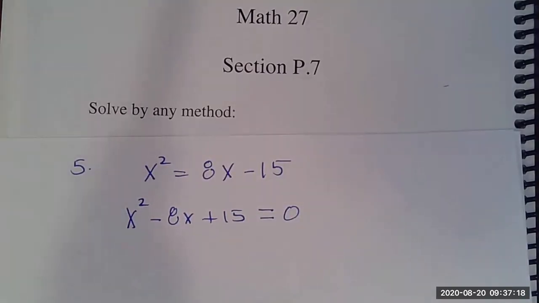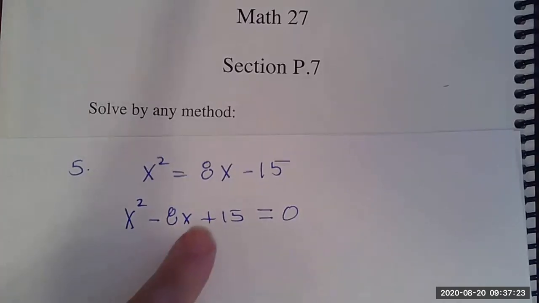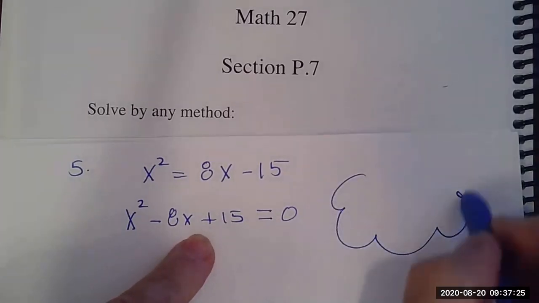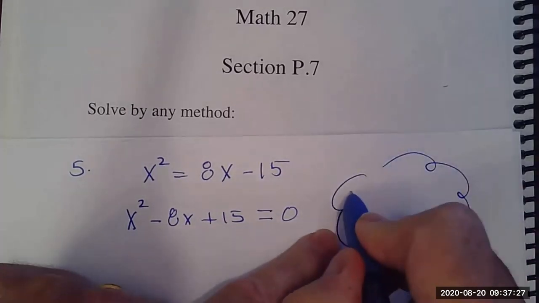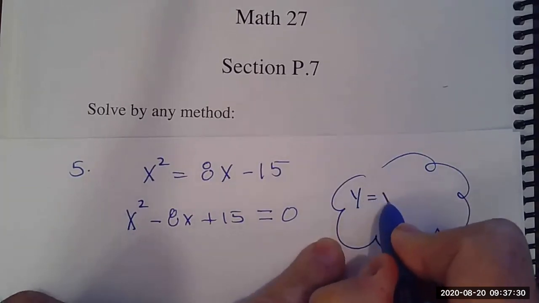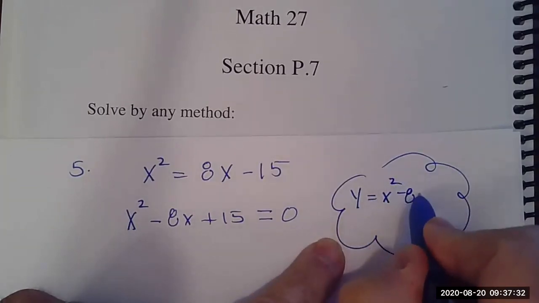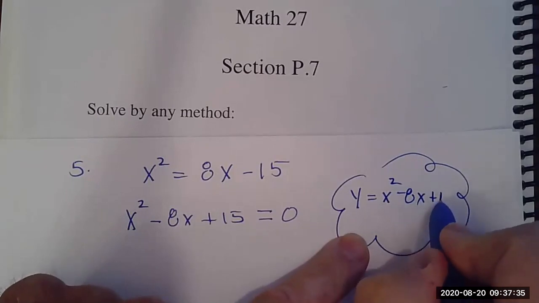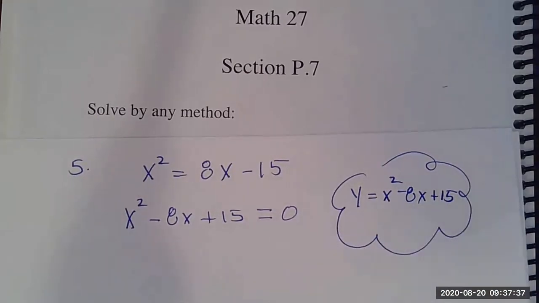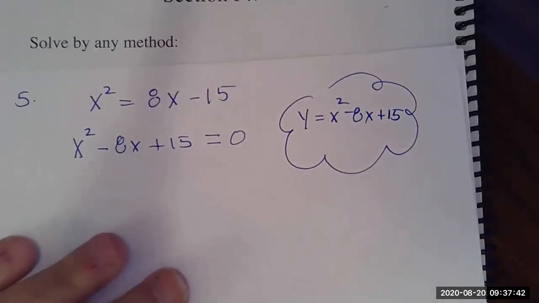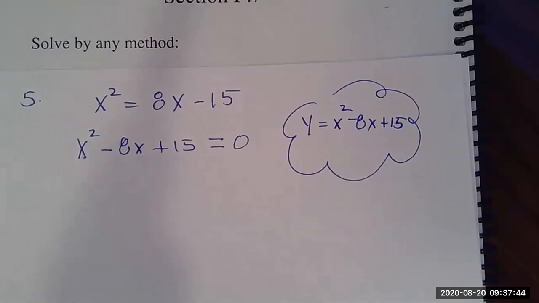All right, now the other thing you said, which is a good idea, is to graph this. It isn't the only way to solve this, but if you went y equals x squared subtract 8x plus 15, and graphed it, you know what picture you're going to get, Anthony? It's going to be a U that's slightly up. You know what the word for the U picture is.